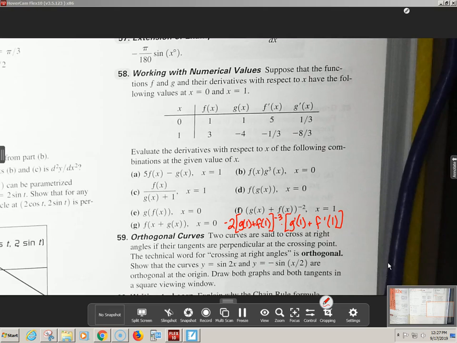Which then I would have just had to identify all of those, which would have gotten me negative 2 over g of 1 is negative 4 plus f of 1 is 3, cubed, times g prime of 1 is negative 8 thirds plus f prime of 1 is negative 1 third. That would be negative 9 thirds, which would be negative 3, and negative 2 times that would be 6, and 6 over negative 1 cubed would be negative 6?